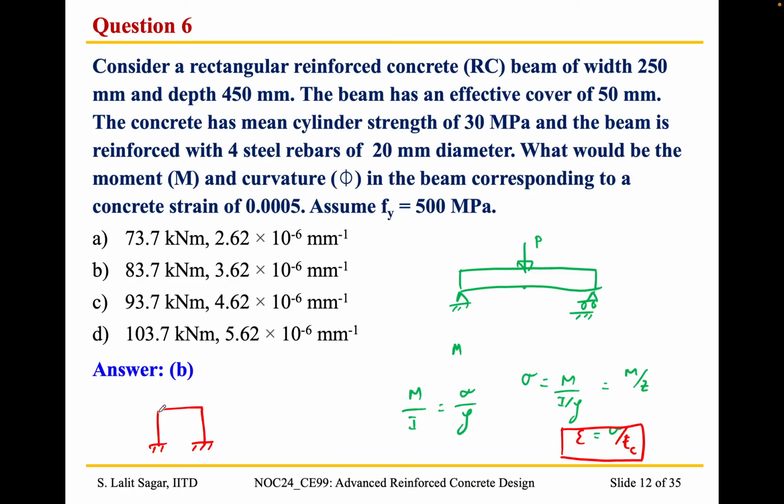In all the other undergraduate courses, we consider a rectangular beam with some steel reinforcement, and basically we determine just the moment of resistance, or from a design perspective the design moment of resistance, depending on the load acting on the beam.